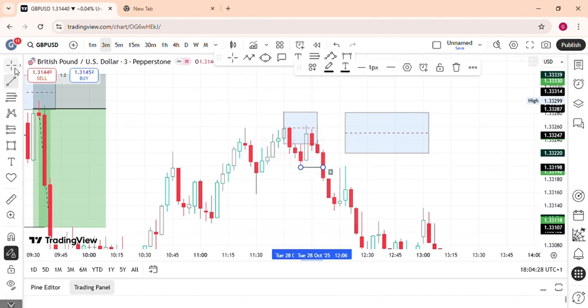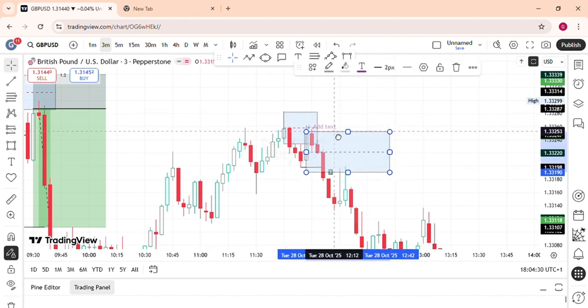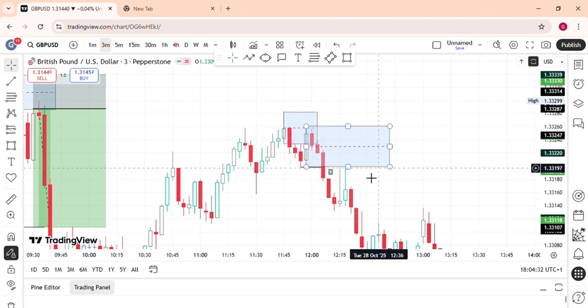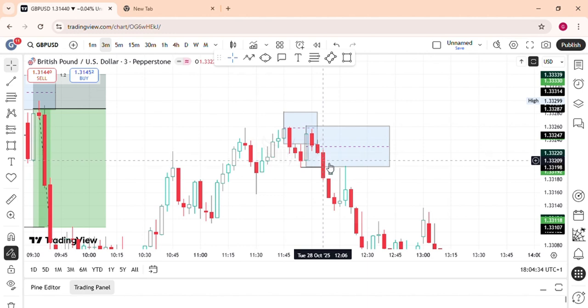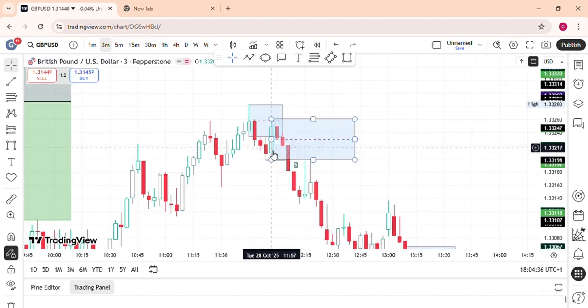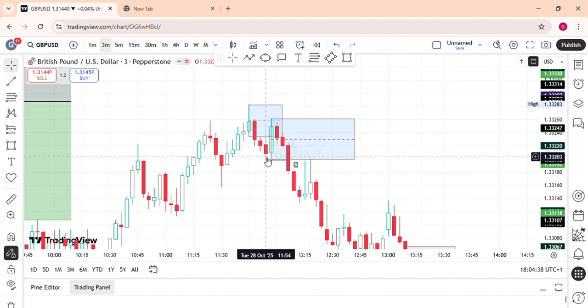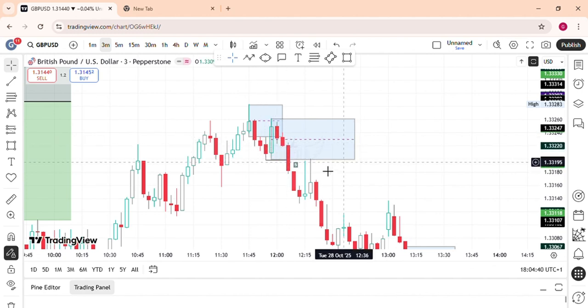We have it here, fair value gap, and you can use this for your breaker. So you can highlight the whole of this market to tap into it and give you a bearish structure.